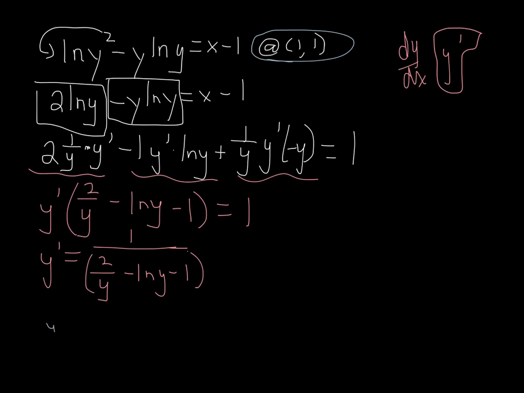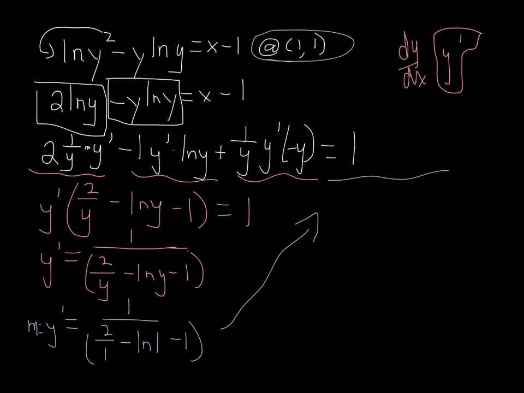If I want to find the value of y prime, because that is m, our slope, then I'm going to fill in y equals 1. So the slope, which is y prime, is 1 over 2 minus the ln of 1, minus 1.